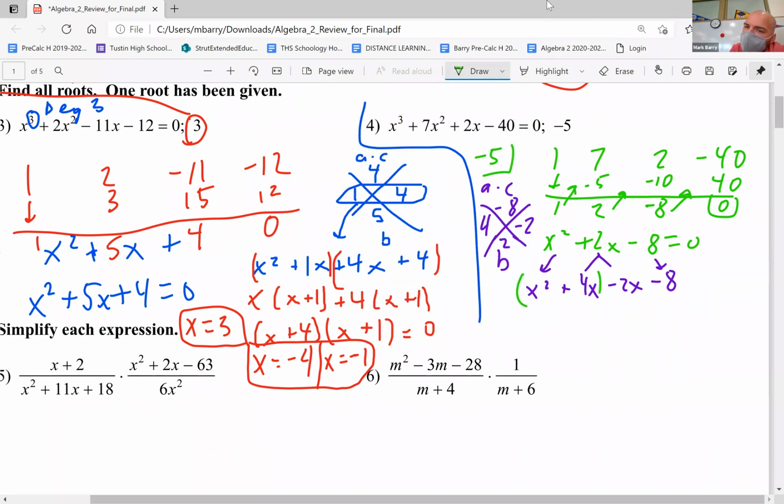And now we do the grouping. First group, we take out an x, which leaves me with x plus 4. Second group, we take out a -2.